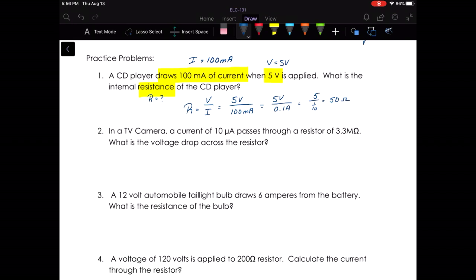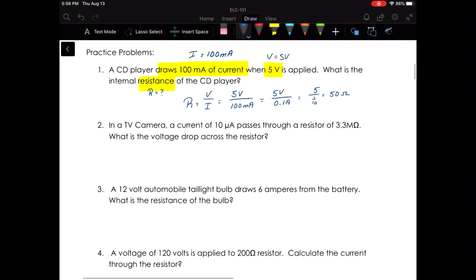Okay, so in problem number 2, we see that we have a current of 10 microamps and a resistance of 3.3 mega ohms. What is the voltage? So we're looking for voltage here, which is I times R. So we have 10 microamps times 3.3 mega ohms.